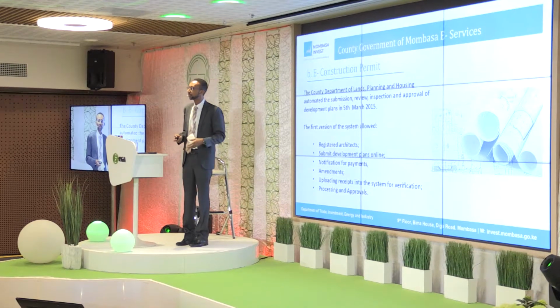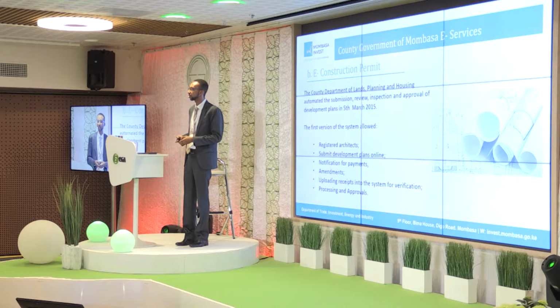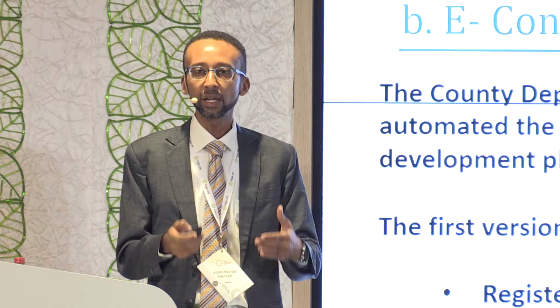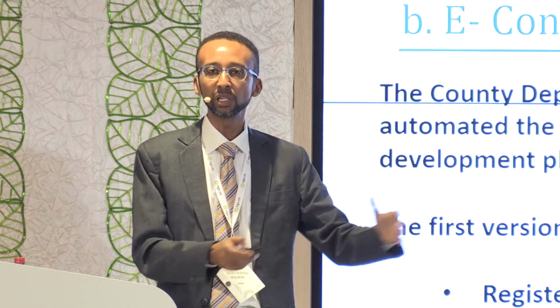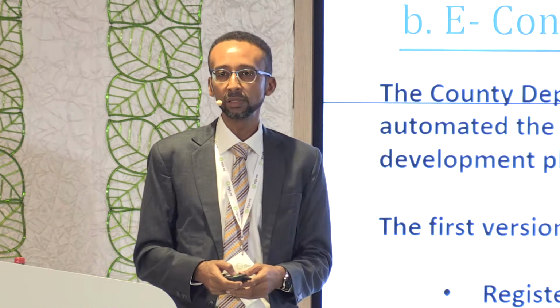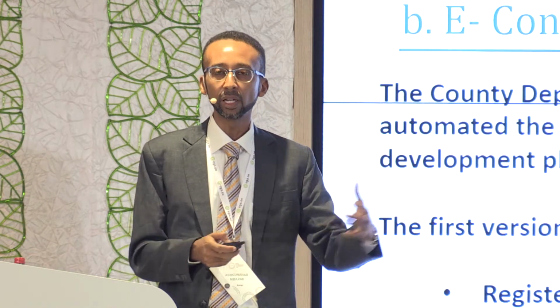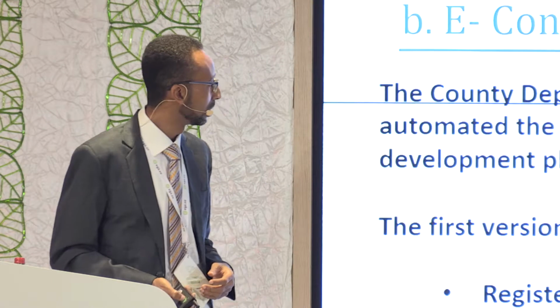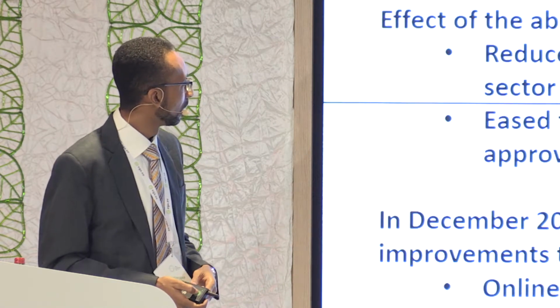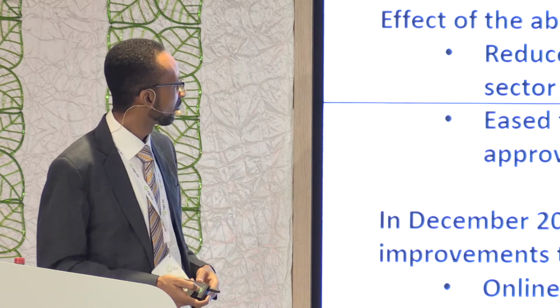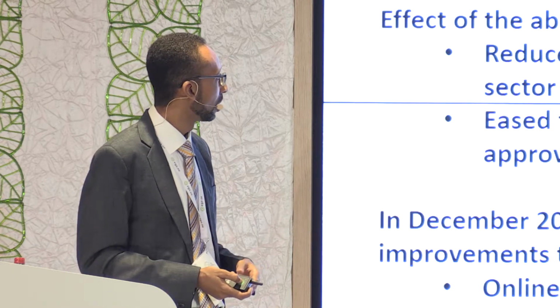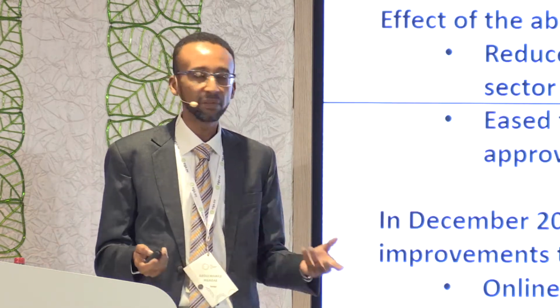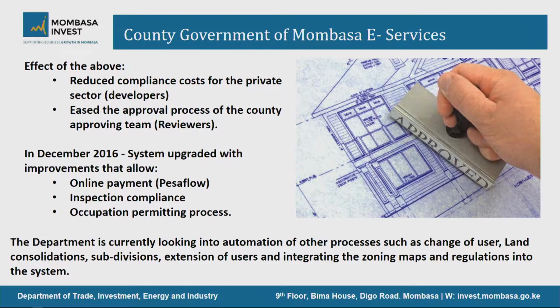So initially, when the e-construction system went live, it had a front end for processing all the plans, but it didn't have the electronic payment module at the time of the launch. And it basically provides reduced compliance costs for the private sector, easing the process of approval.